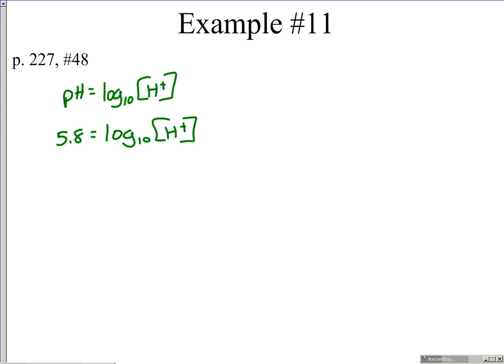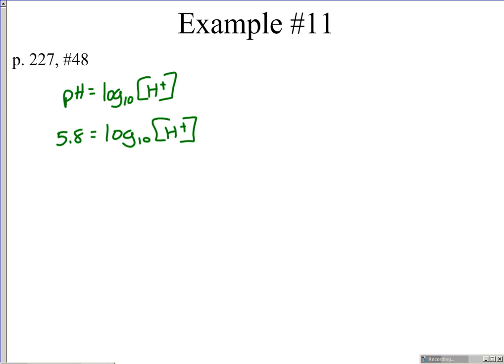So looking at our formula, we're told that pH is equal to log base 10 of the concentration of hydrogen. We're told in problem 48 we want to find the concentration of hydrogen for a pH value of 5.8. So we're solving here for the concentration of hydrogen.